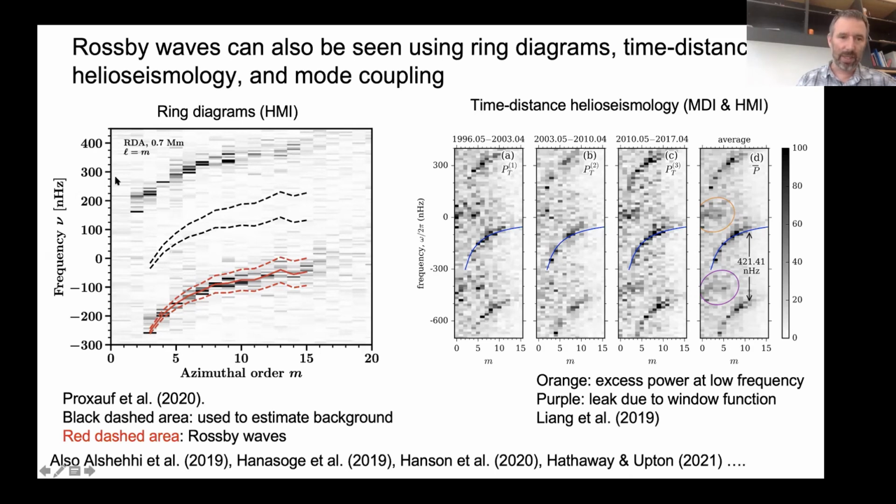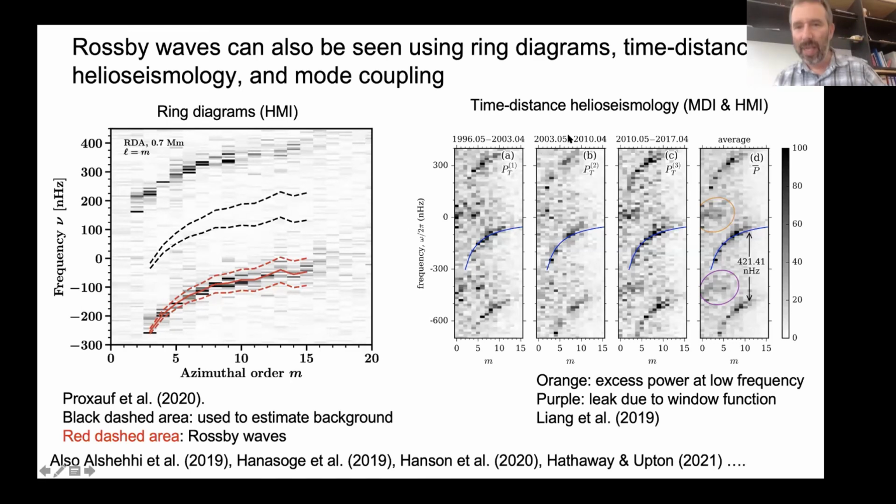The scale is a little bit different. This shows a wider range in frequency. The Rossby waves are down here, and then you get a copy of the Rossby waves. This is, again, because we're not observing the whole sun all the time, so it's just a window function effect.